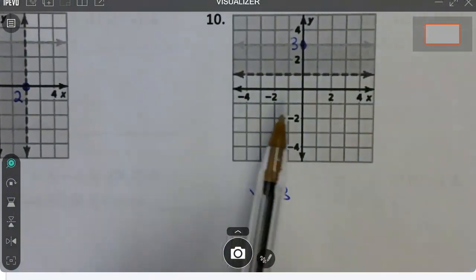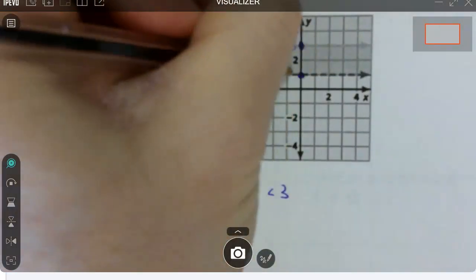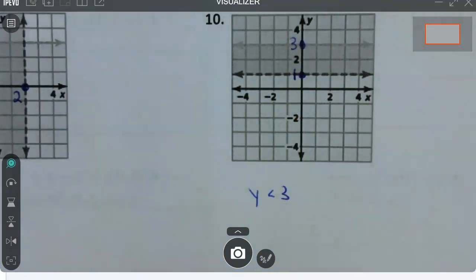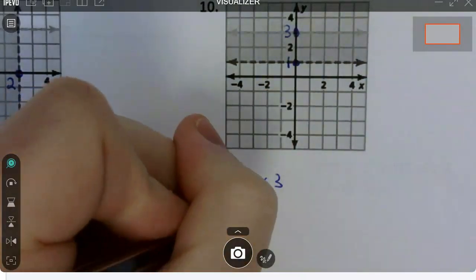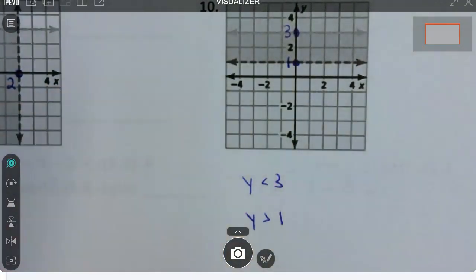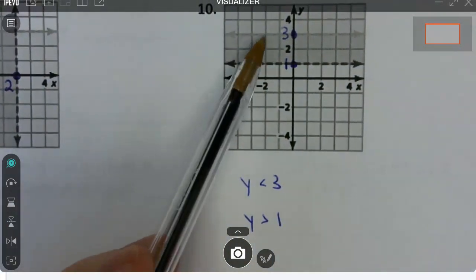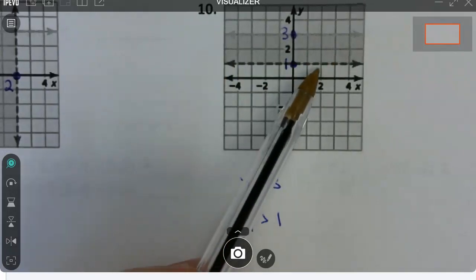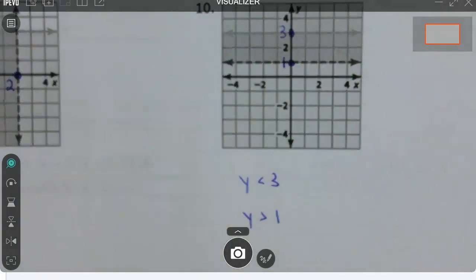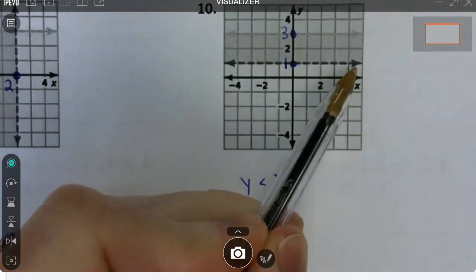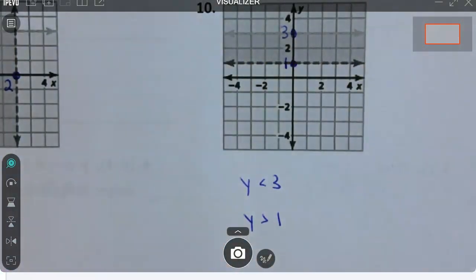And then for this horizontal line, we're at a y-intercept of 1, and we shaded everything above. So that would be y is greater than 1. And that's what would produce this darker shaded section right here. If I was above where 1 is, but if I was below where 3 is, it gives us this boundary section right here. Okay?